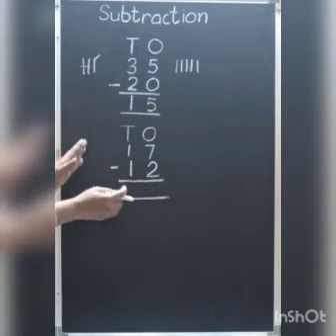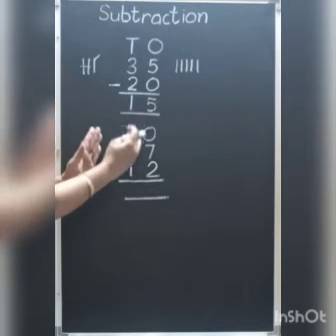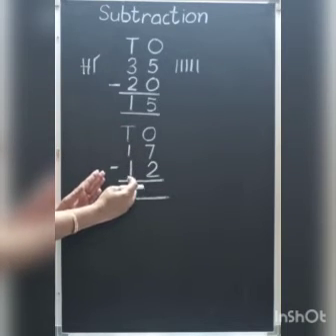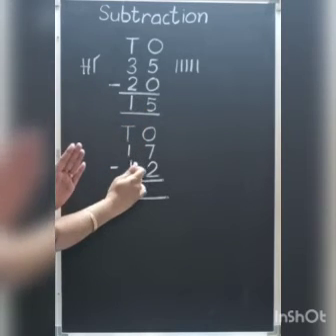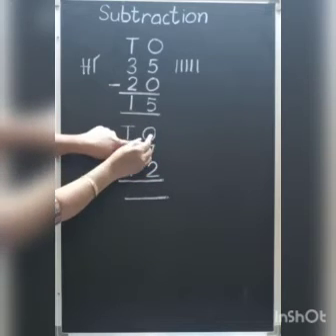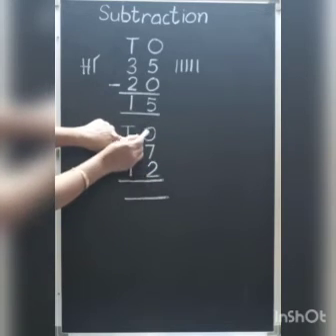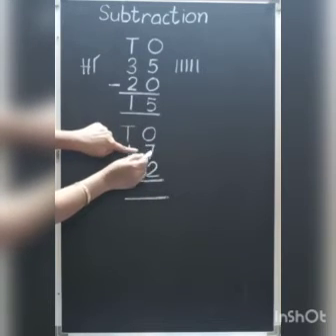So again we have a big problem with us, and we will break down this problem into little ones. So how can we do? We will break the problem into tens and ones. So first we will solve the ones portion, ones column, that is 7 minus 2. 7 minus 2.